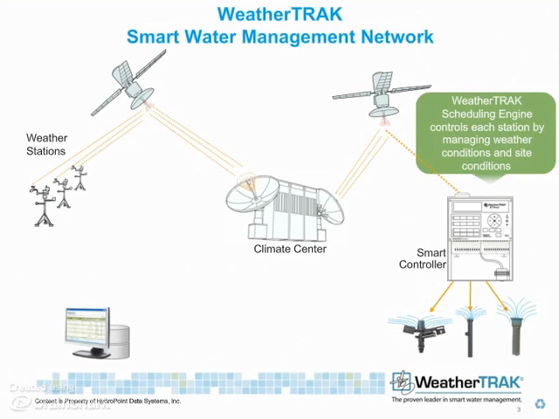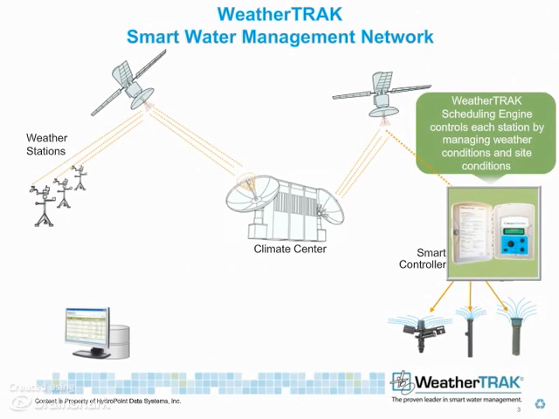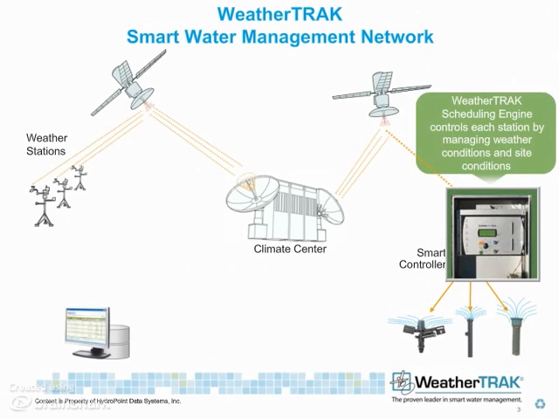Since 2002, HydroPoint Data Systems has used the ET Everywhere and WeatherTrack scheduling engine to receive and use weather information since our very first controllers were introduced with the ET Plus or the early WeatherTrack Pro Series controllers.